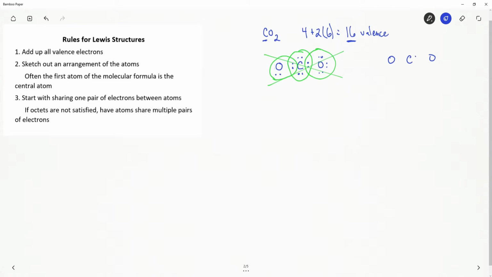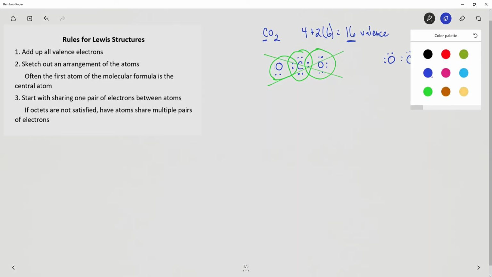So let's take this carbon-oxygen bond, and instead of sharing one pair, let's make them share 2 pairs of electrons. So that's 4 electrons, 5, 6, 7, 8, 9, 10, 11, 12, 13, 14, 15. Okay, and those are my 16 valence electrons.